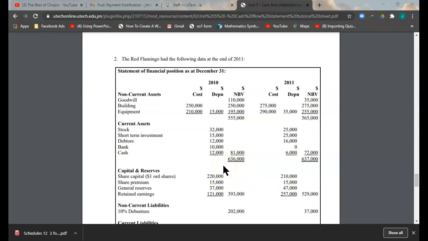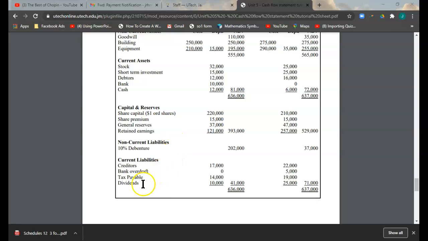And just to name a few, we have the assets. We'll have to do T accounts for those. We'll have to do T accounts for dividends. We'll have to do T accounts for taxes. And we'll have to do T accounts that involve using this 10% to arrive at an interest figure.